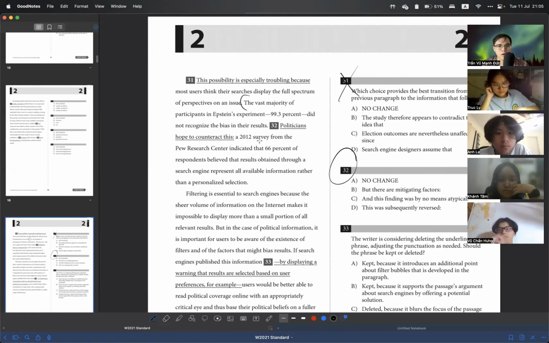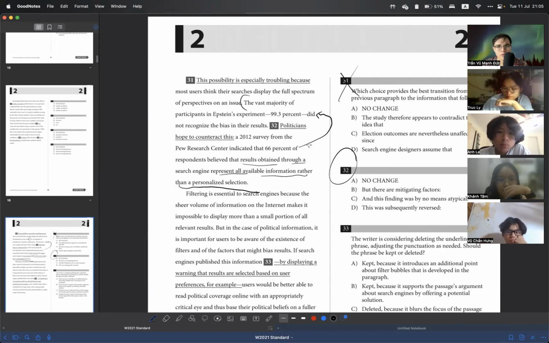A 2012 survey from the Pew Research Center indicated that 66% of respondents believe that results obtained through a search engine represent all available information rather than a personalized selection. So it's kind of supporting this, right? This is supporting the sentence prior.